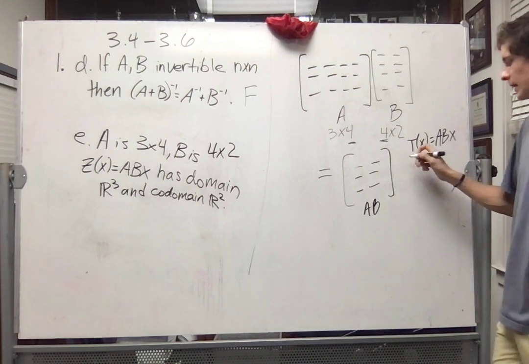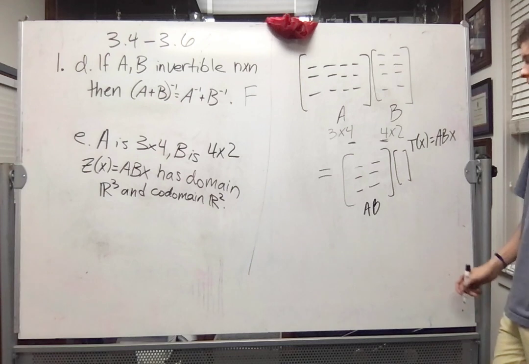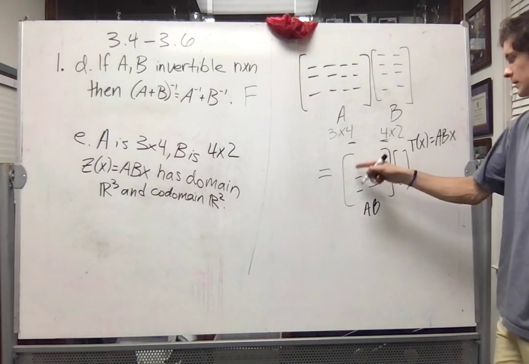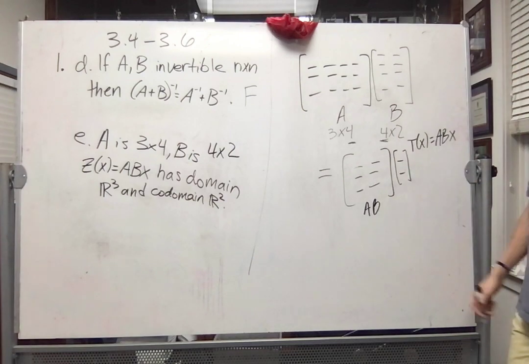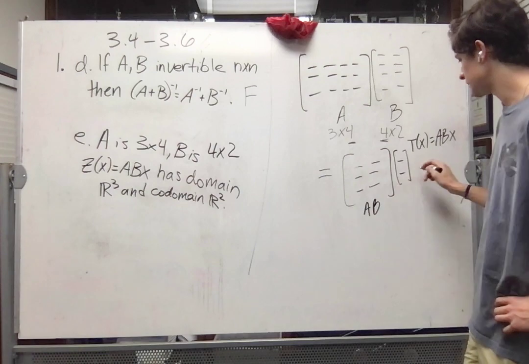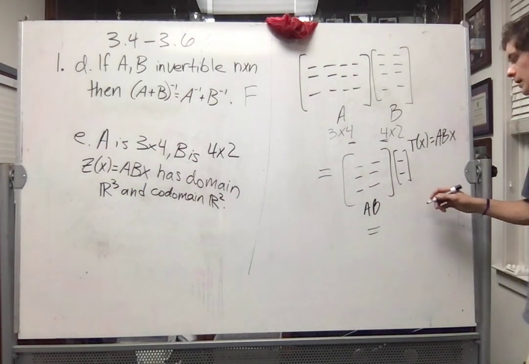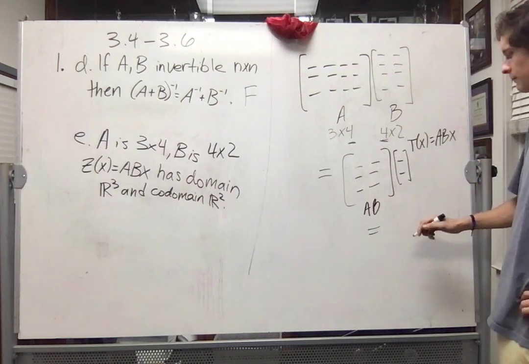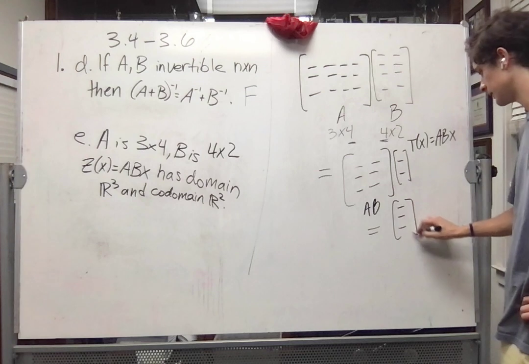If I'm going to multiply AB by a vector x, what size does it have to be? Well, we need the number of columns in AB to match the number of rows in x, so x has to have 2 entries. And then when we multiply these two together, we're going to get the number of rows of AB. So it's going to be a vector like this.